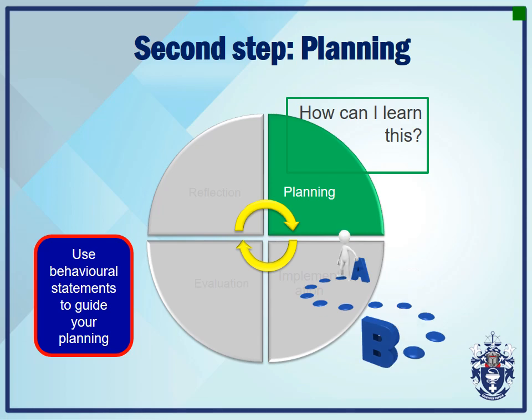So if you have chosen 1.1, it says provide advice on health promotion, provide advice on disease prevention and control, provide advice on healthy lifestyles, and participate in public health campaigns. So in order to achieve this particular competency, what would you need in terms of your planning in order to achieve that? So it's very important that you use your behavioral statements as a guide.